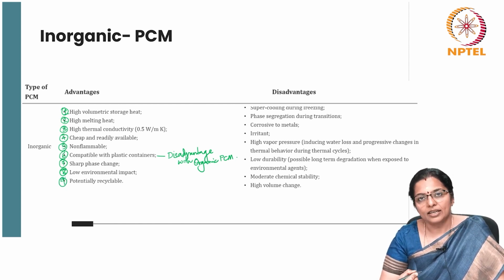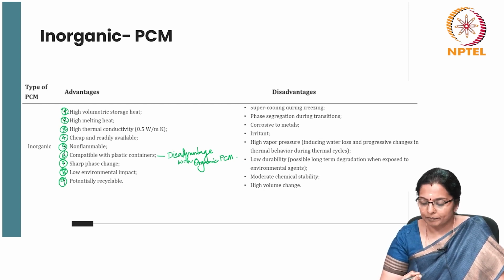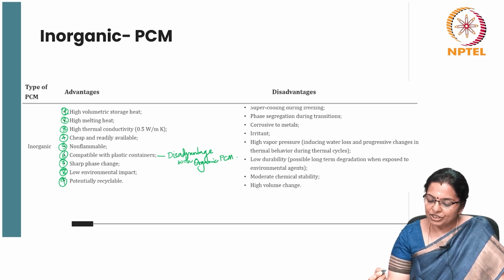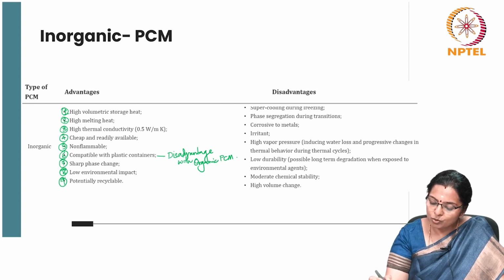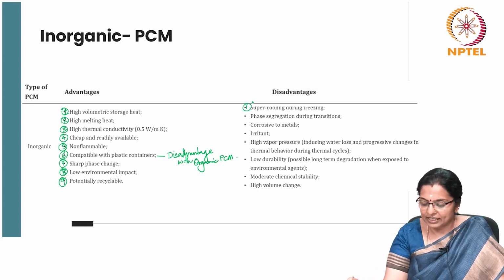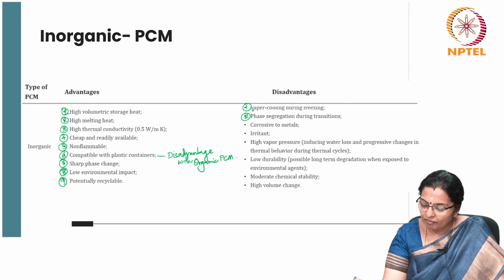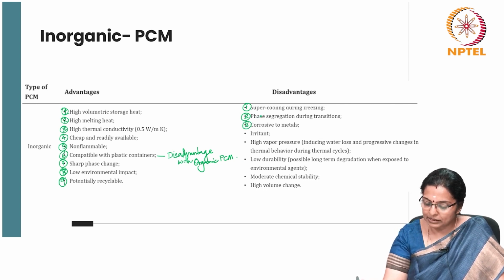Let us look at the disadvantages of inorganic phase change materials. So, inorganic phase change materials show supercooling during freezing. There is phase segregation during transitions. They are corrosive to metals, whereas organic was corrosive to plastics, or it could not hold in plastics. It is an irritant, unlike organic.